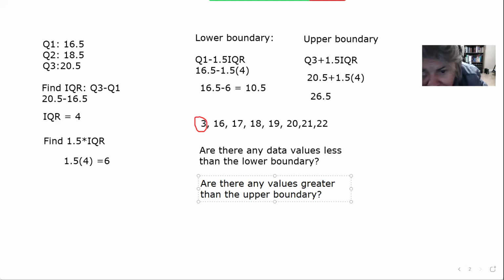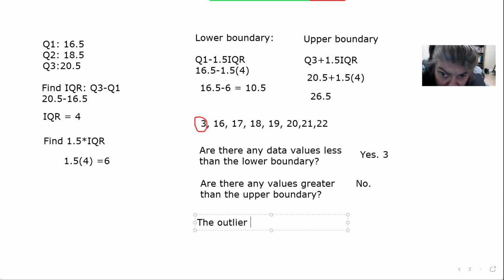In this case, that answer is no. In this first case, we had yes, 3. And in this case, we had no. Now, you could have yes and yes, you could have no and no. If you get a yes, you have an outlier. So yeses mean outliers. And so in this case, the outlier is 3.